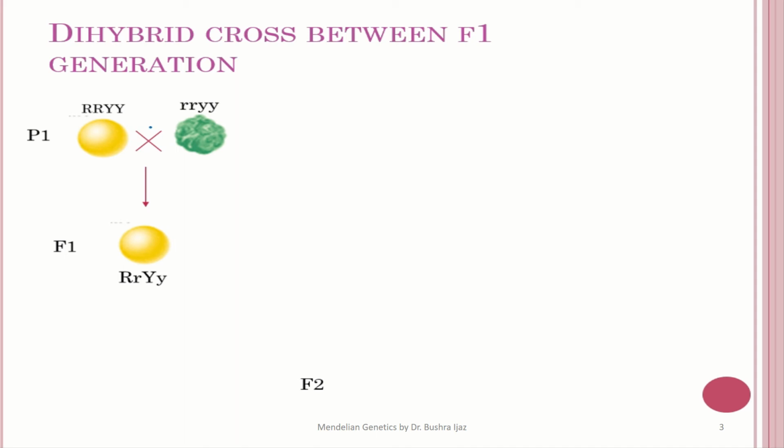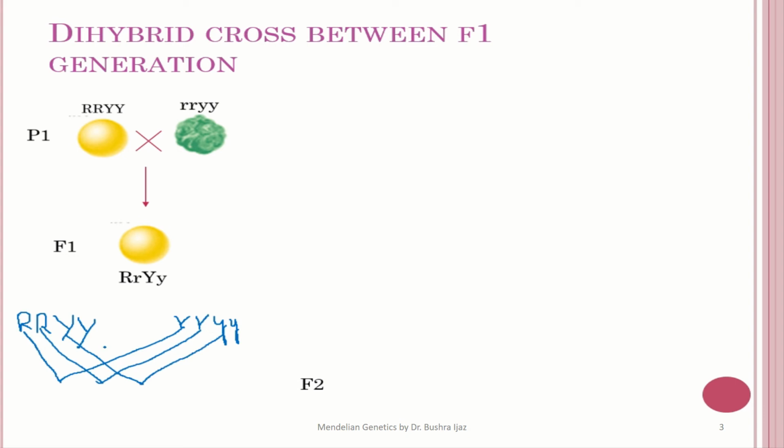The combination is, for example, here I may write capital R, Y, Y, small r, and small y. There is equal chance of this R to go with this R for a single new offspring, this Y with this Y, or vice versa.